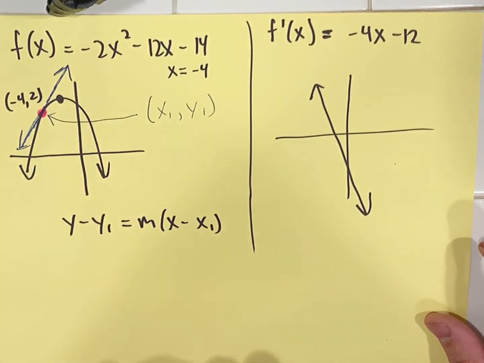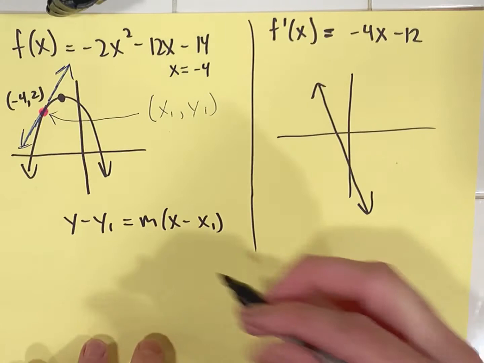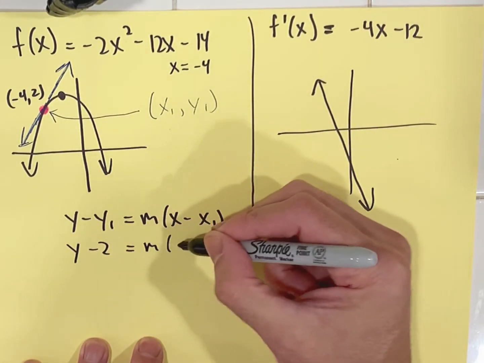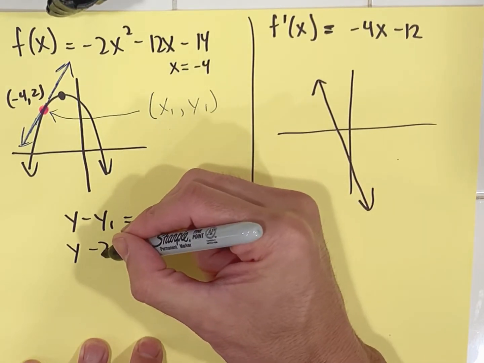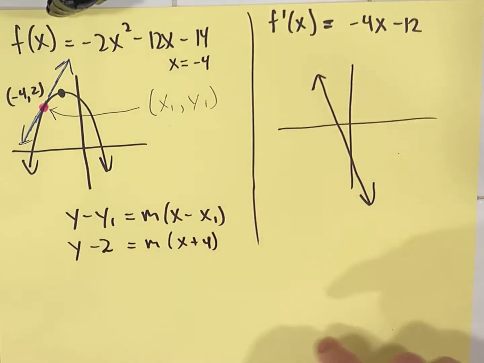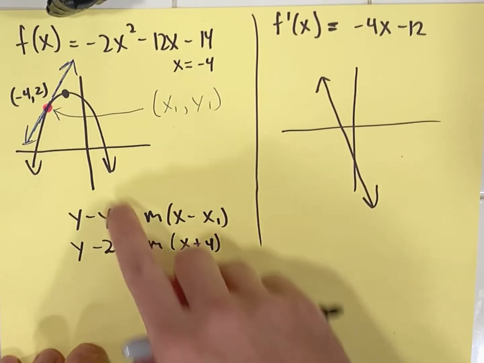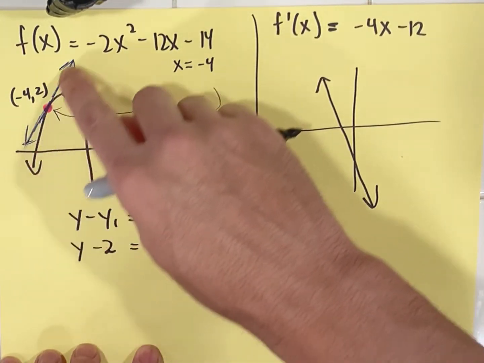As a matter of fact, let me take this x1, y1 and drop it in here and here. So it's y minus 2 equals m times x plus 4, if you respect the double negative. Now, if you want the equation of the tangent line, all you need now is the slope. That's all I need. And the slope is sort of the rise over run of this blue line.